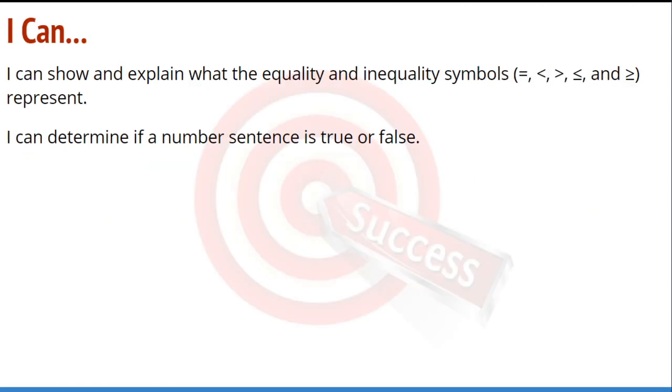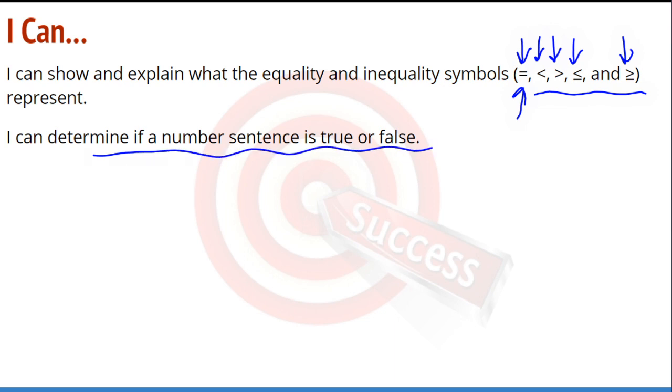All right, so wrapping up the lesson, hopefully you can use these equality and then inequality statements. Hopefully you can determine if a number sentence is true or false.